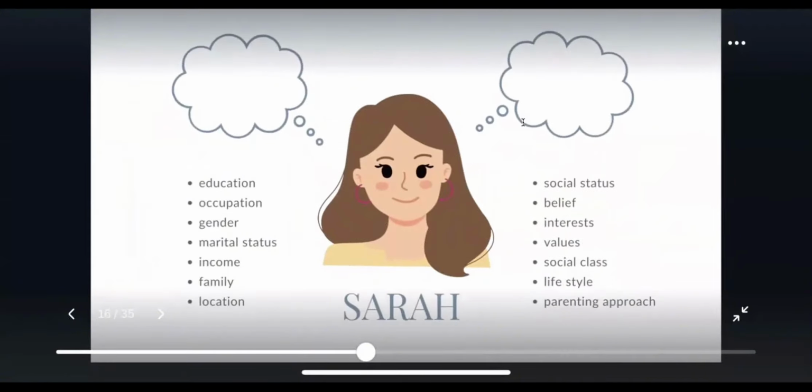Draw 1 or 2 of those bubbles and write down some problems that your ideal client is struggling with. So let's say, for example, you're working mainly with toddler families, and the biggest challenge you always hear from your ideal client is that they have a hard time getting their toddler to stay in bed.